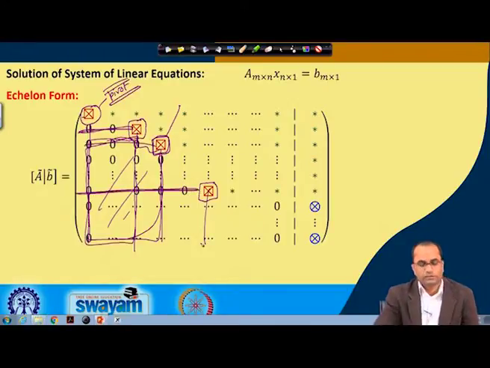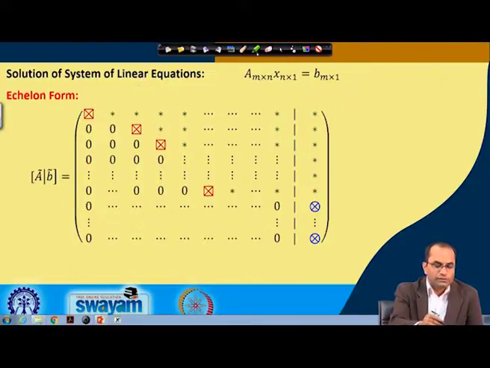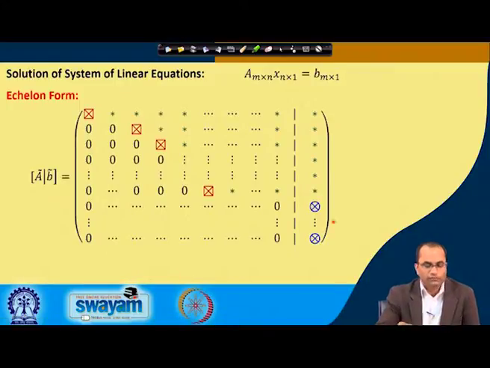That is the property of the pivot. It is a non-zero number, and all the elements below it and to the left of it are 0, and this gives the special structure of the matrix which we call the echelon form.